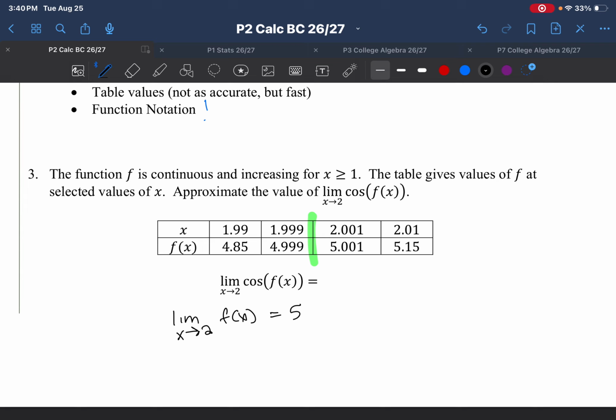Once we have that value, our new limit is the limit as x approaches 5 of our outside function, which is cosine x. We just do direct substitution. So this is cosine of 5, which is approximately 0.284, because we rounded to 3 decimal places.